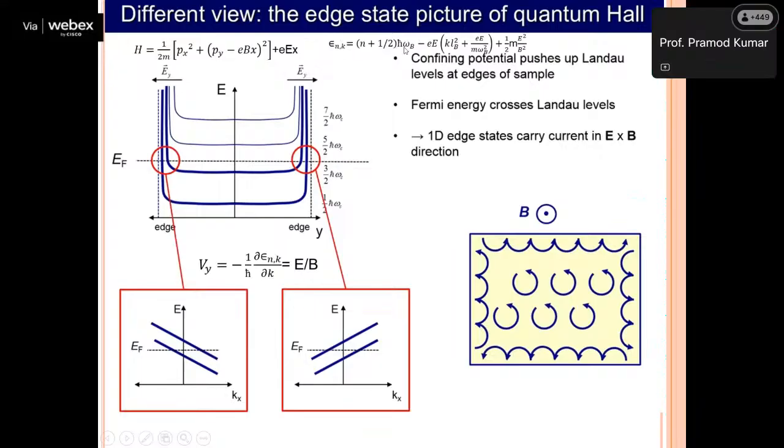If you write the energy, you get an additional term: (n + ½)ħω_c − eB k l_B² plus (eB/mω_c)² plus ½ m E²/B². So this electric field plays the role of confining potential, pushing levels up and down at the edge of the sample. Whenever a charged particle comes from here to here, this electric potential creates a slope, acting as a potential.